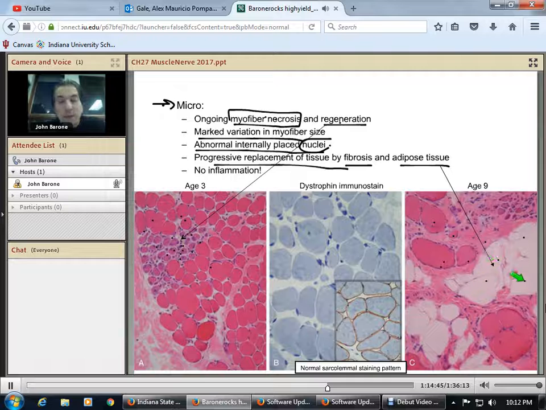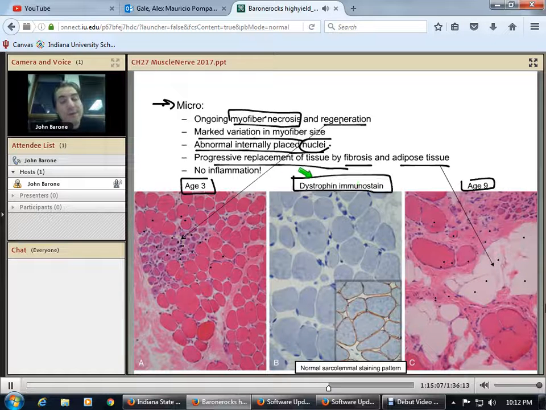When they start getting weak, I still see some good fibers. This one's regenerating. The rest of them are lost. They've been replaced by fat and fibrous tissue. There's not much muscle like there was before. So this is at age 3, getting some weakness. This is at age 9, really weak, really small muscle.